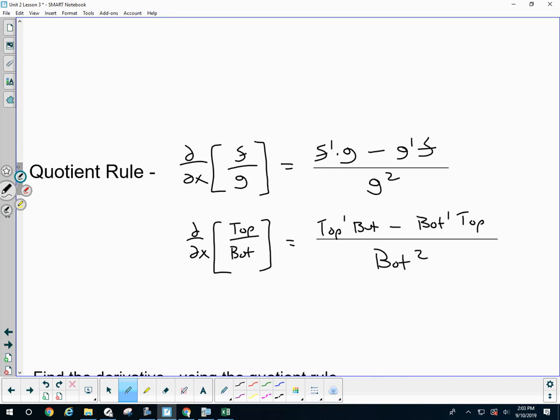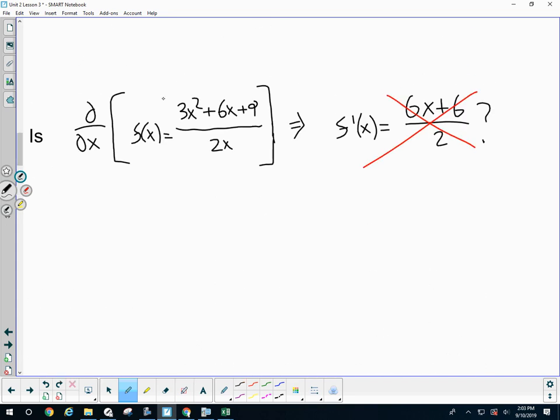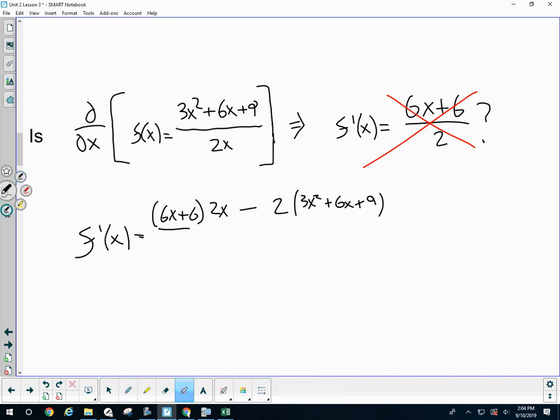So, though I could simplify this first, instead using the quotient rule, I'll take the derivative of the top, 6x plus 6, times the bottom, minus the derivative of the bottom, 2, times the top, 3x squared plus 6x plus 9, divided by the bottom squared.